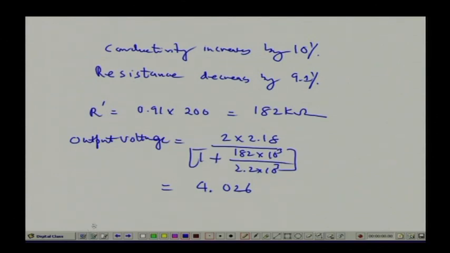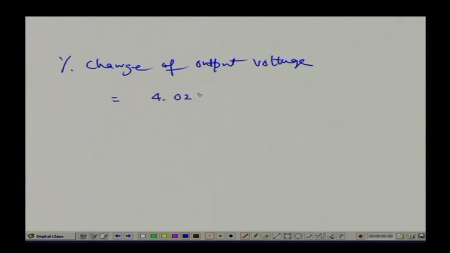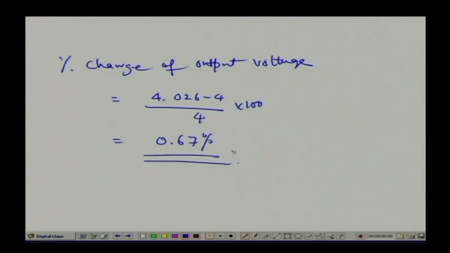So, the change of output voltage, if I take a white page again, the percentage change of output voltage is equal to 4.026 minus 4 by 4 into 100. So, this will give you 0.67%. Okay, this is the answer.